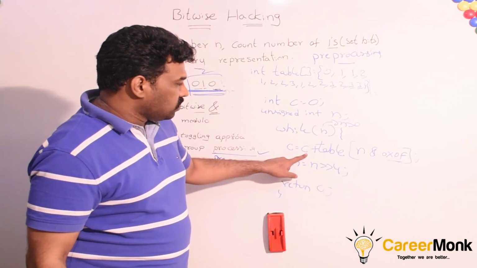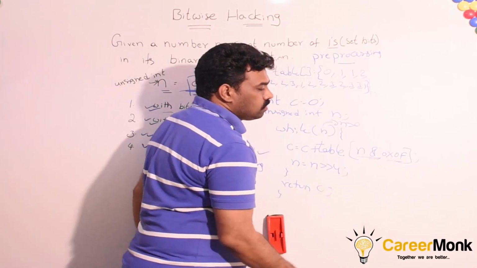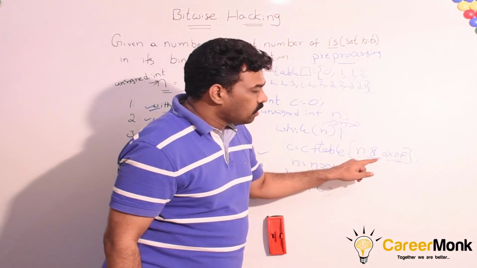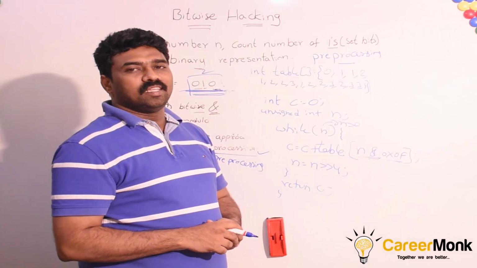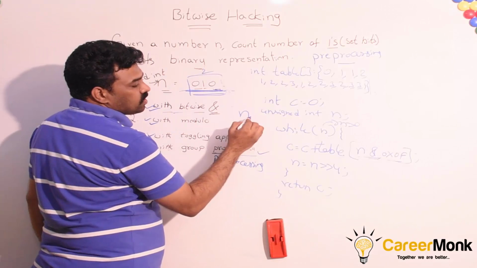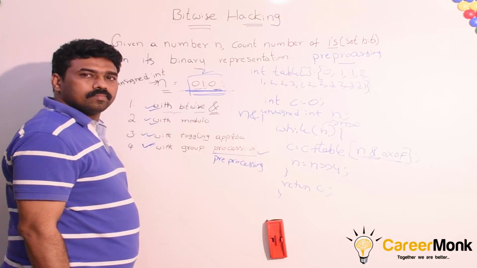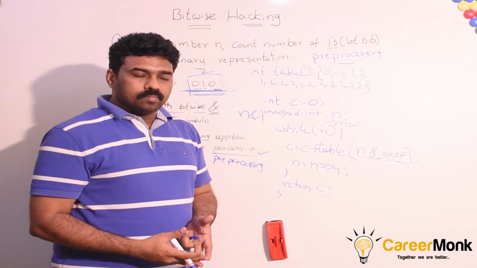Here we are performing a bitwise AND between the given number and 0x0f. What does that mean? In the first case, we performed the bitwise AND between n and 1, that means all zeros followed by 1.